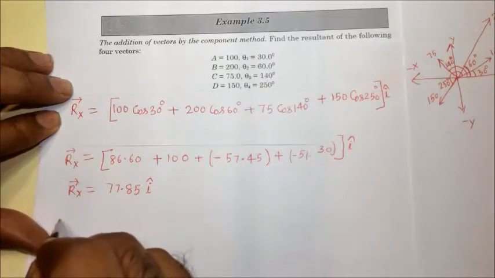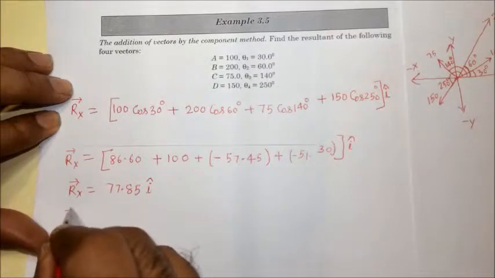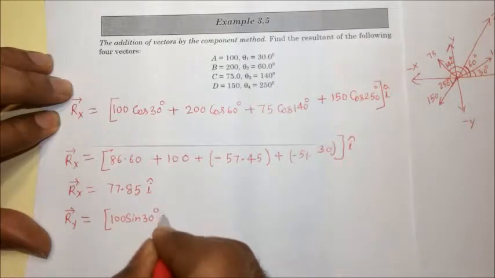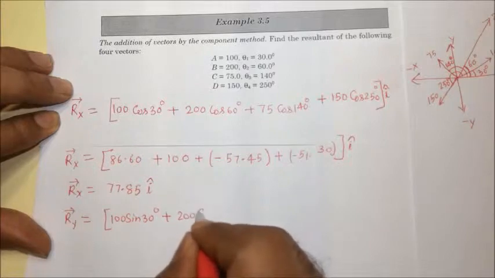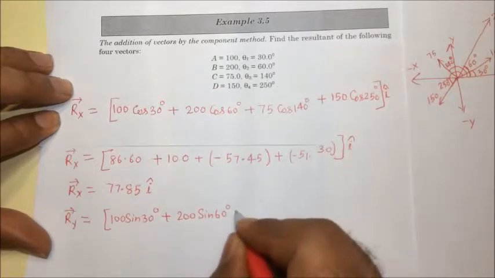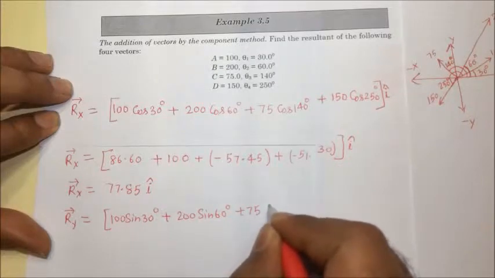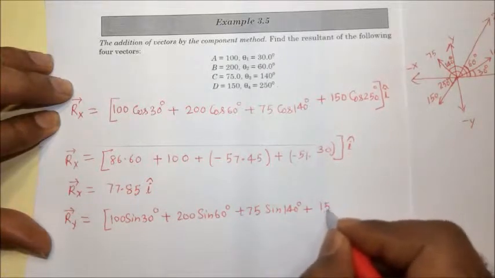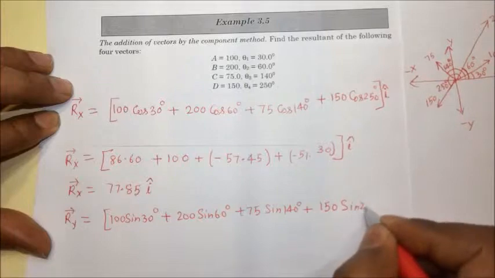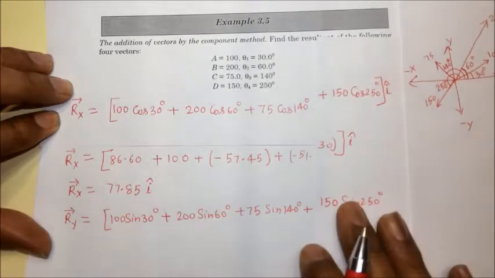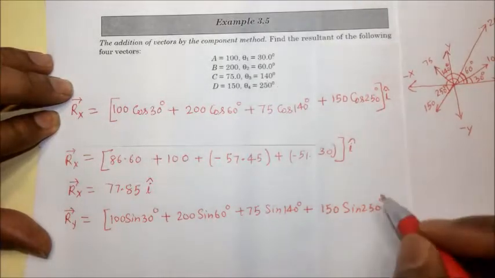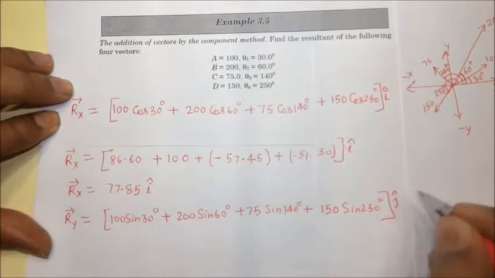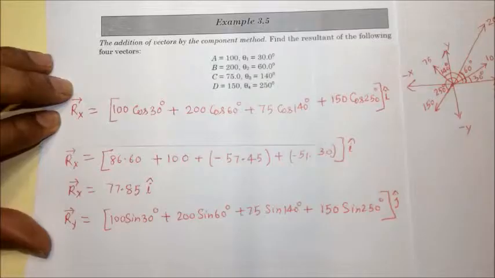Very similar. Sum of all y components is vector Ry: 100 sine 30 degree plus 200 sine 60 degree plus 75 sine 140 degree plus 150 sine 250 degree, and this sum is going to be along y-axis, so it's j cap. J cap is unit vector along y-axis.